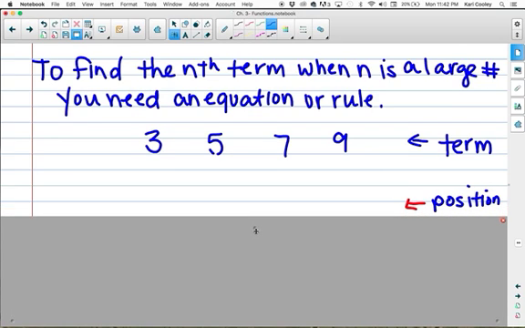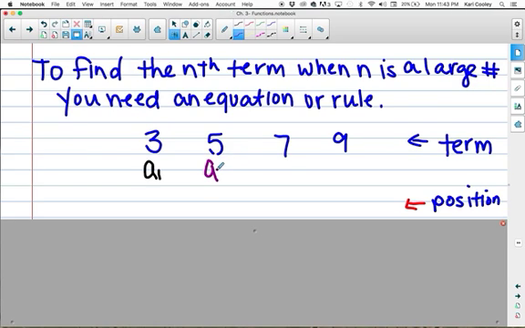And we're going to label their particular position in relation to each other. The number 3 is my very first term, so it is A1. This 5 is my second term, so it's A2. This 7 is my A3.